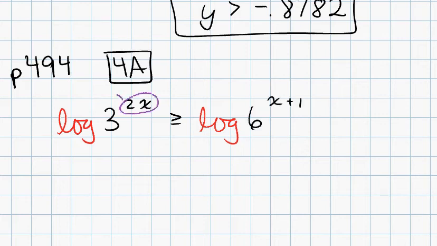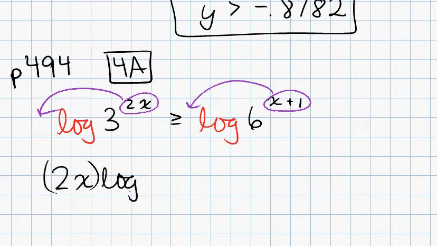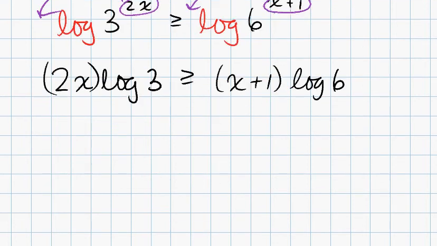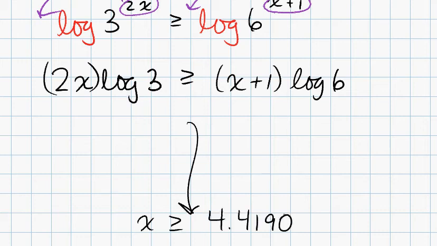Both exponents are moved using the power property. So 2x times log 3 is greater than or equal to x plus 1 times log 6. You could choose to divide by log 3 or by log 6. In both cases, when you do all your work, you should get x is greater than or equal to 4.4190. So I'm going to divide it by log 3.